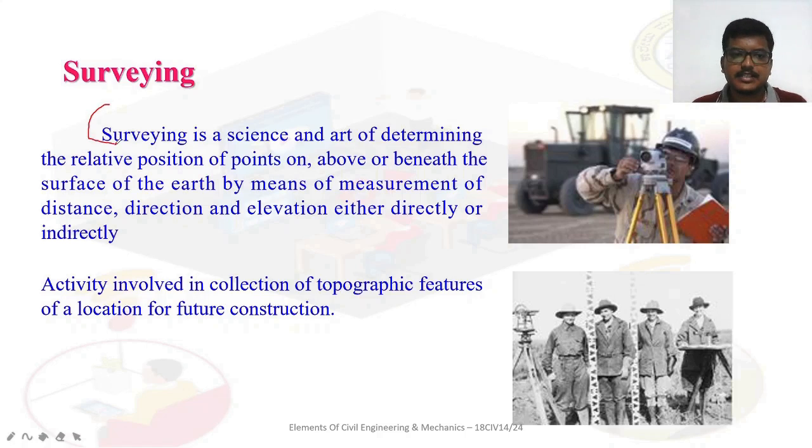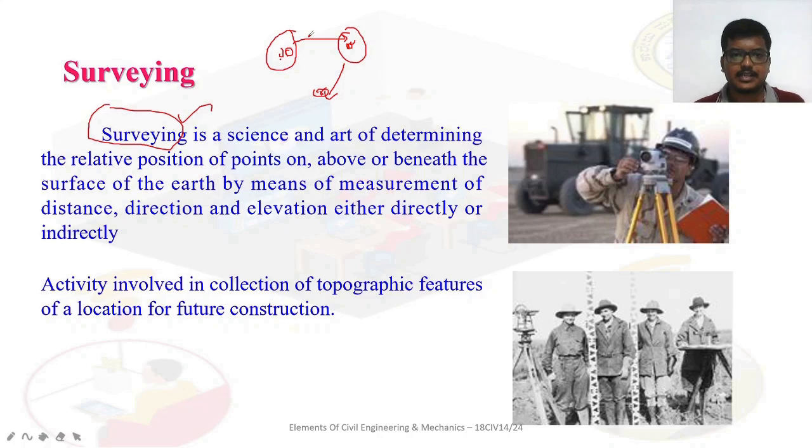So basically surveying is a science, or an art, of determining the relative position of points. If a point is here in the space, surveying allows us to determine exactly where it is, and how this point is related to that point.